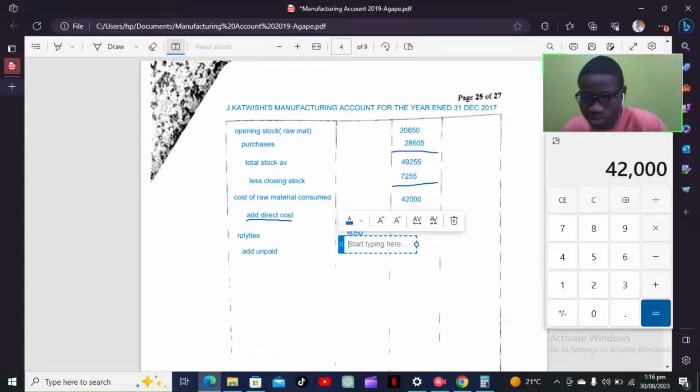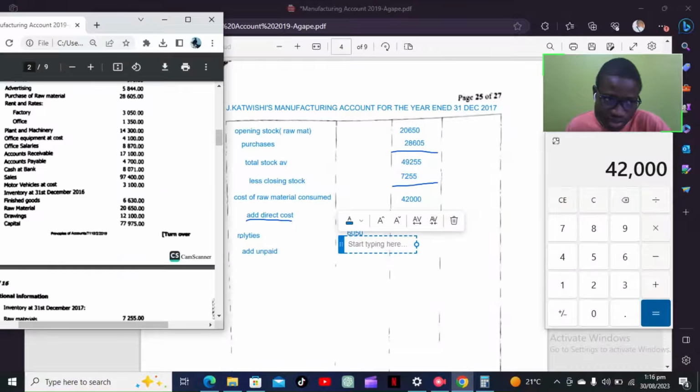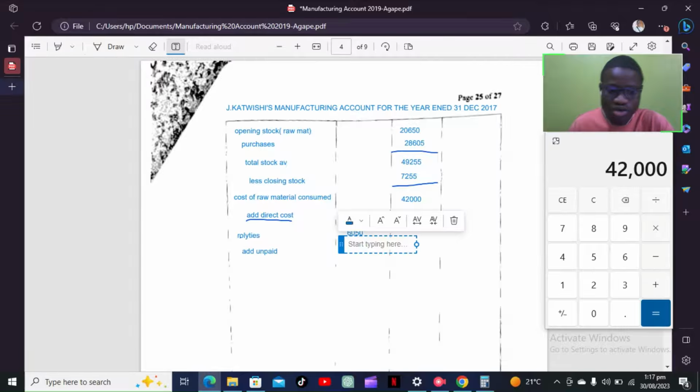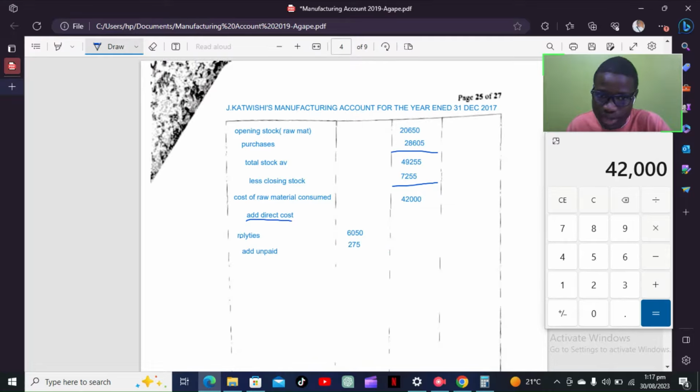So how much was unpaid? The amount which was unpaid was going to get the amount which is here. The amount which was unpaid was 275 kwacha. Then we're going to simply add, because it's owing. Then when we add, what are we getting?